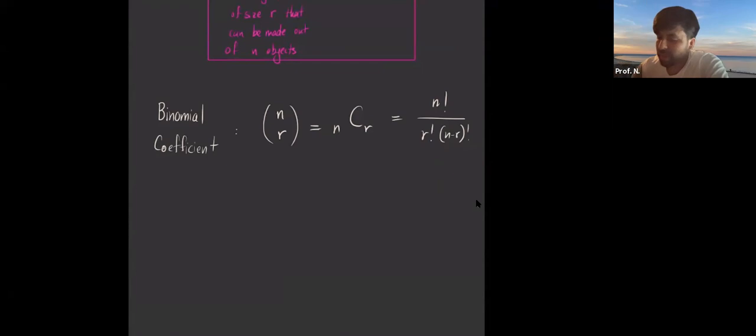So let's briefly compute this. If I do, for example, 3C1, you don't even need a formula for this. You can reason this out. If I have three things and I want to choose one of them, how many ways can I do that? How many groups of one thing can be made out of three things?